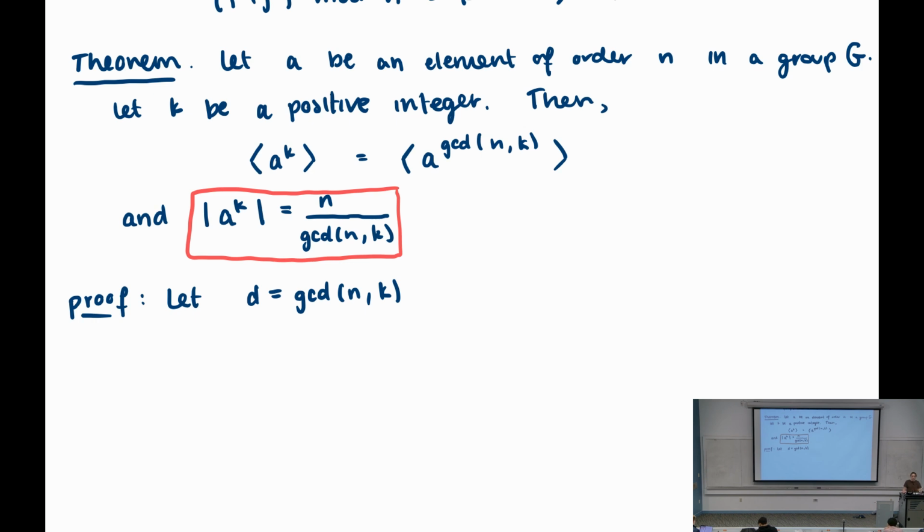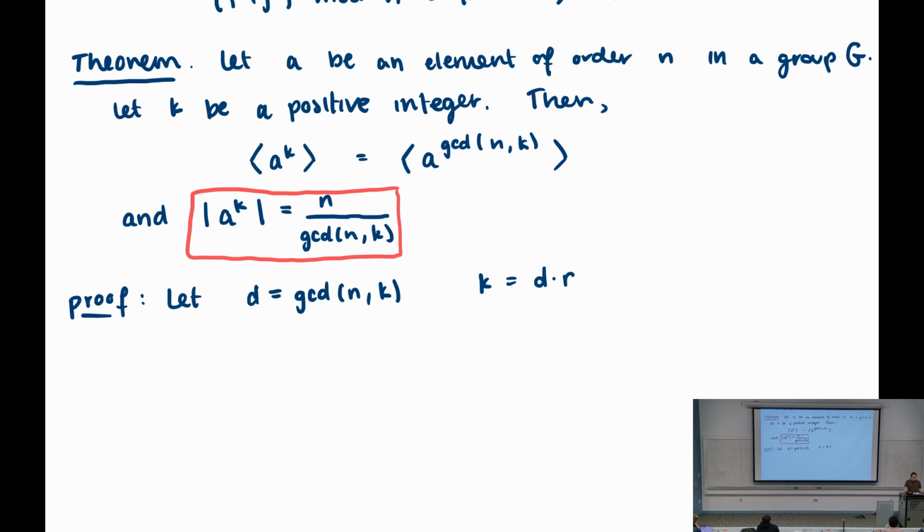You can remember that by D standing for divisor, that greatest common divisor. And then let's let k be, so k is the number that we're raising a to, and we want this to be equal to D times r. So r is whatever is left over after dividing k by D.